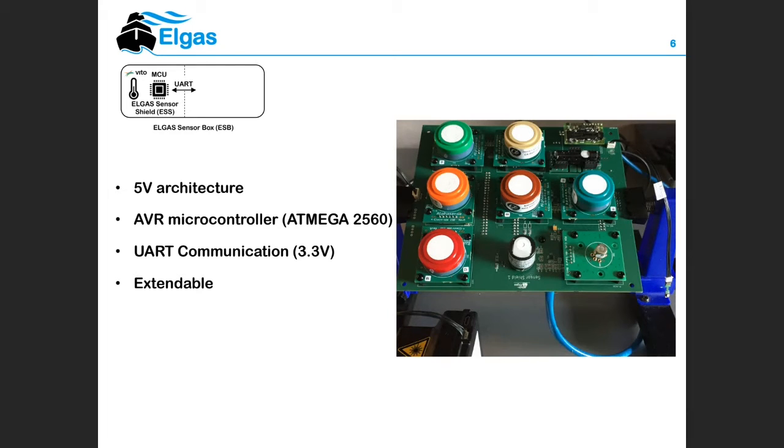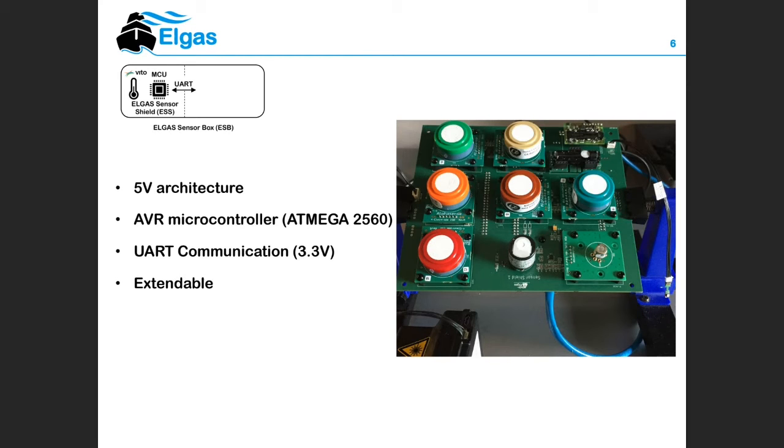The idea of having this modular system separate from the rest of the system is to be extendable. So technically, we can relatively easily modify the system with another number of sensors or another type of sensors.